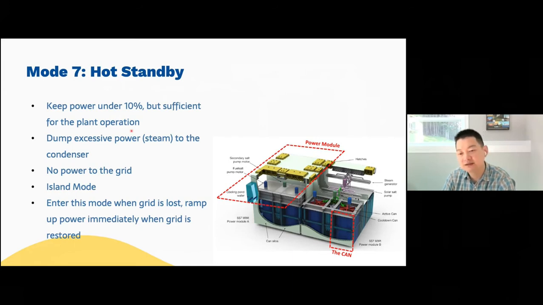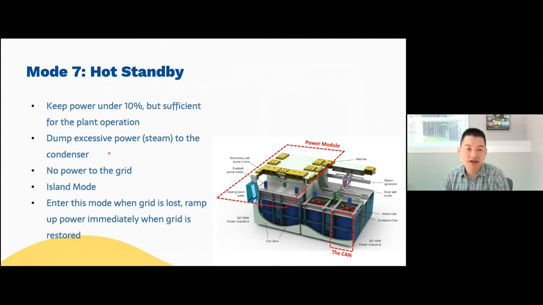That means the power plant only generates enough power for itself. It doesn't output power to the grid. So no power to the grid.